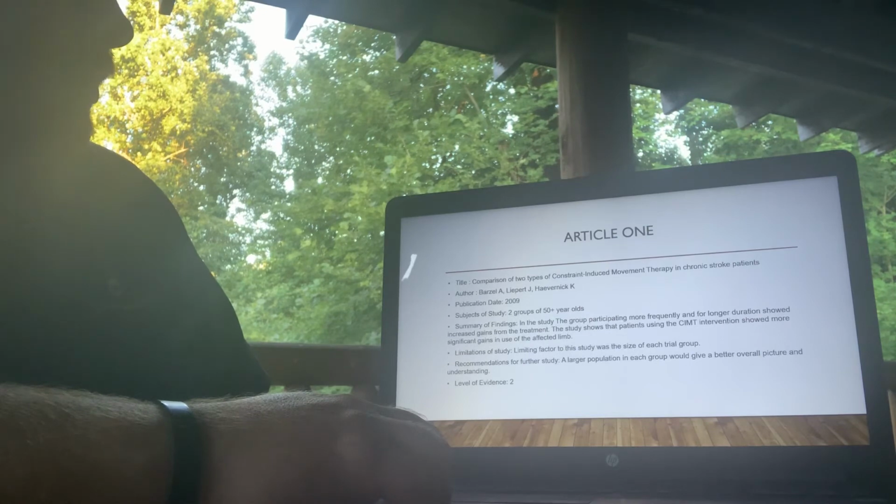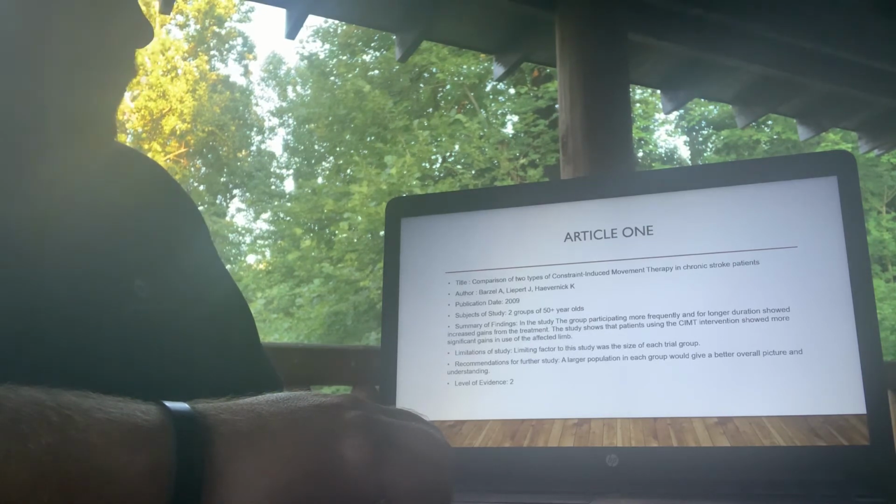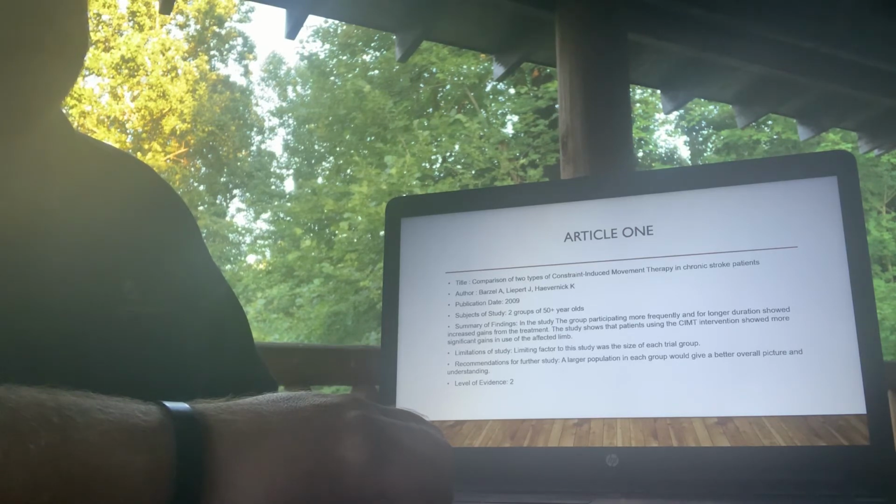So my first article here is a comparison of two constraint-induced movement therapies in chronic stroke patients. The summary of the findings was that the group that practiced CIMT met and was treated more frequently and for a longer duration, which is what is required of CIMT.